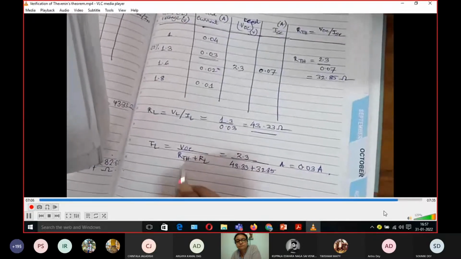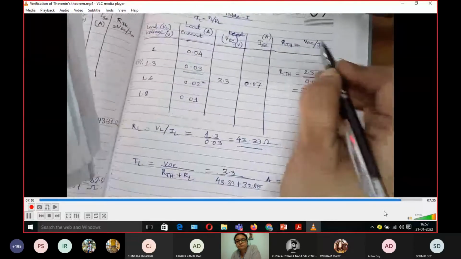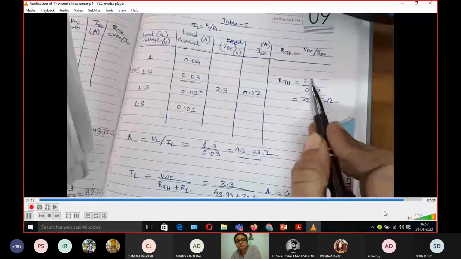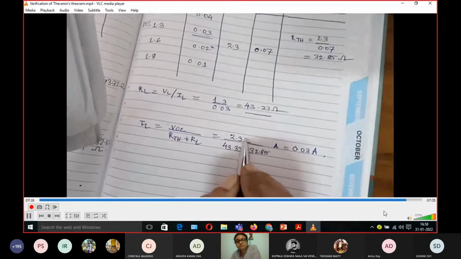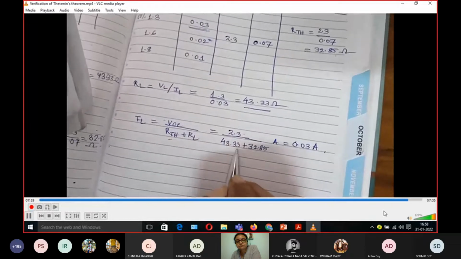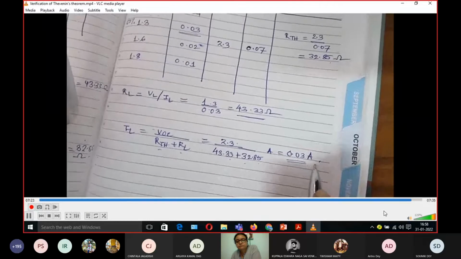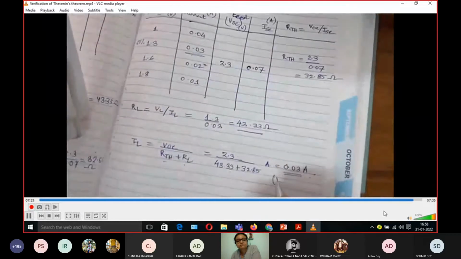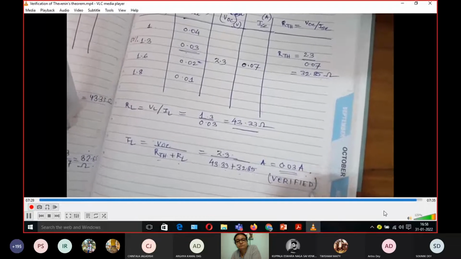This will be VOC by RThevenin plus RL. How do we get RThevenin? That is VOC by ISC, so it is 2.3 by 0.07, 32.85. Now VOC 2.3, RThevenin 32.85, RL is 43.33. It is coming perfectly 0.03 ampere. That means it is verified. Thevenin's theorem is verified.